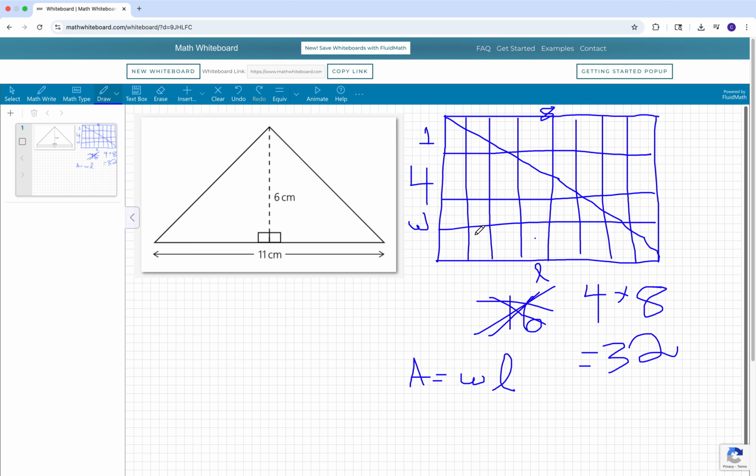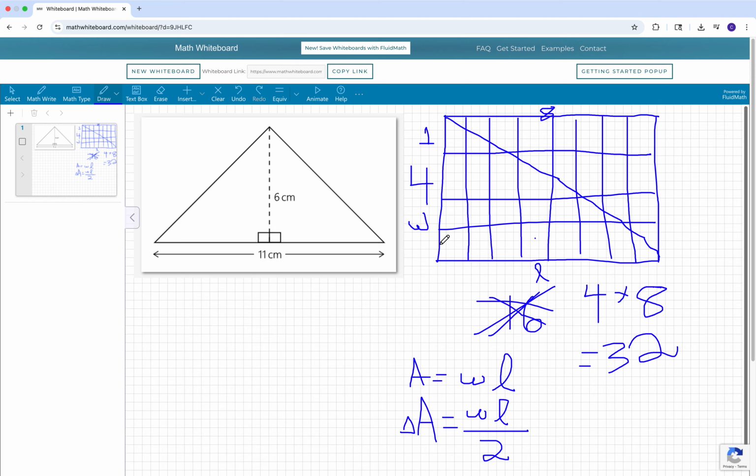So one of these triangles, the triangle area, is equal to the area of the rectangle, W times L, divided by 2. Divide in half.